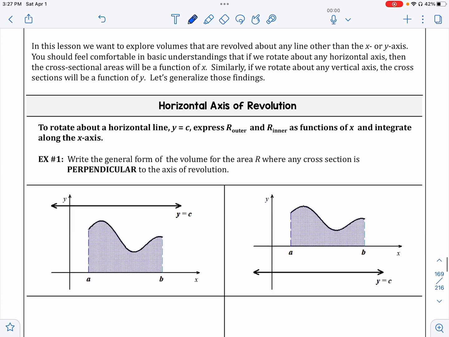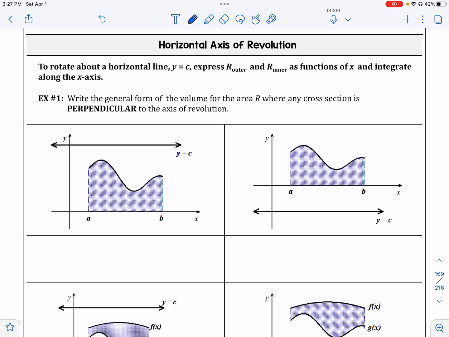So let's talk about writing the general form of a volume for the area R where any cross-section is perpendicular to the axis of revolution. So if we want to find the volume for this shape, we have this distance here, which would be a capital R, and that would be a constant.